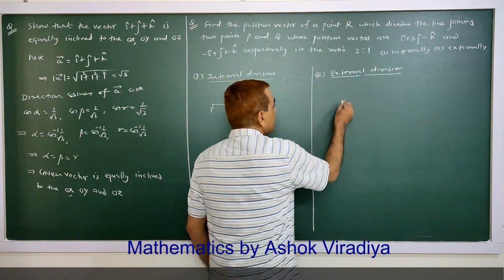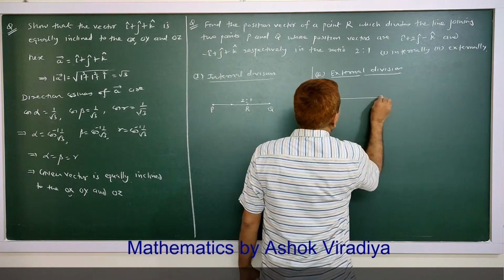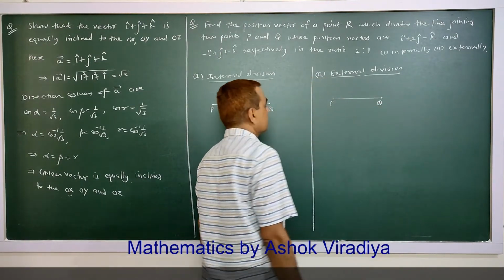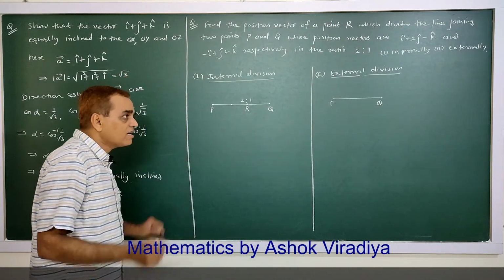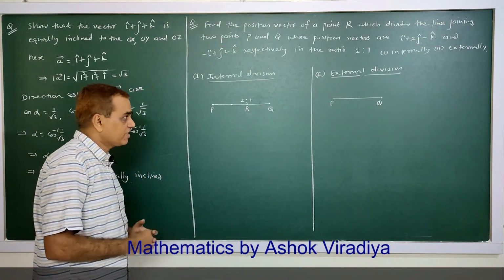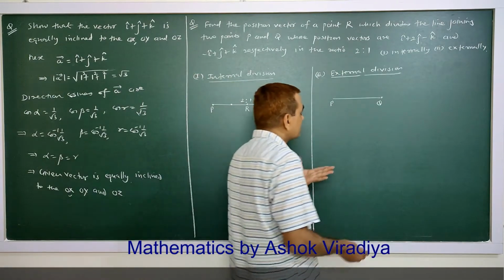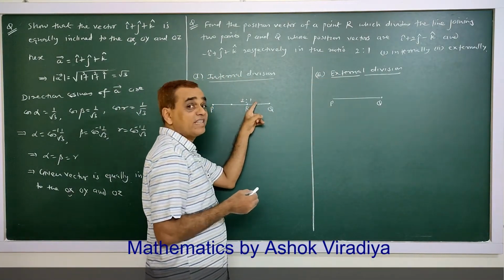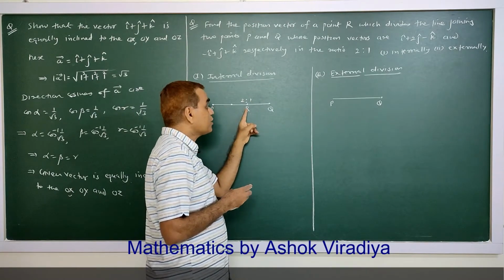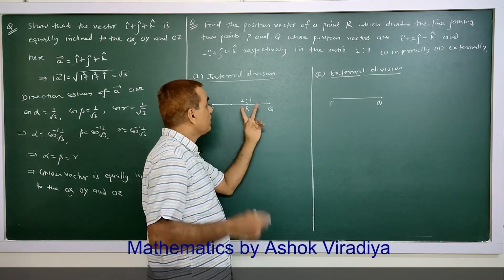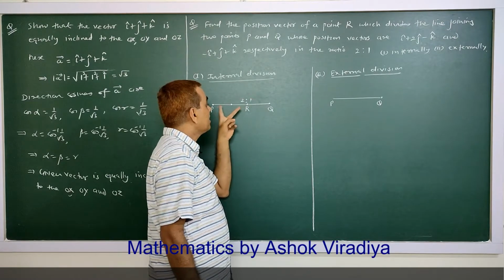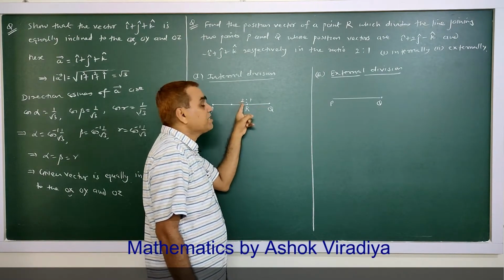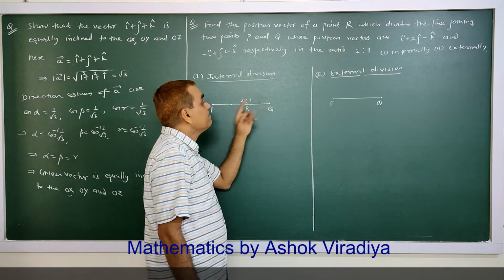So if here I draw line segment PQ, now I am going to put a dividing point R such that R divides in ratio 2:1. That means PR should be 2, then RQ should be 1. If PR is 2 times K, QR must be 1 times K.